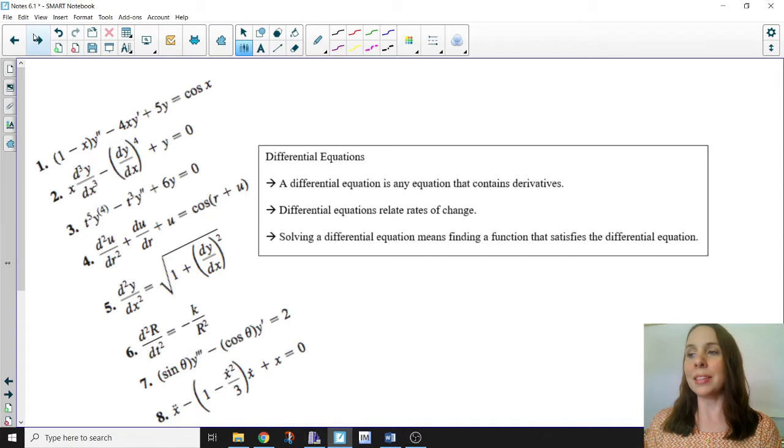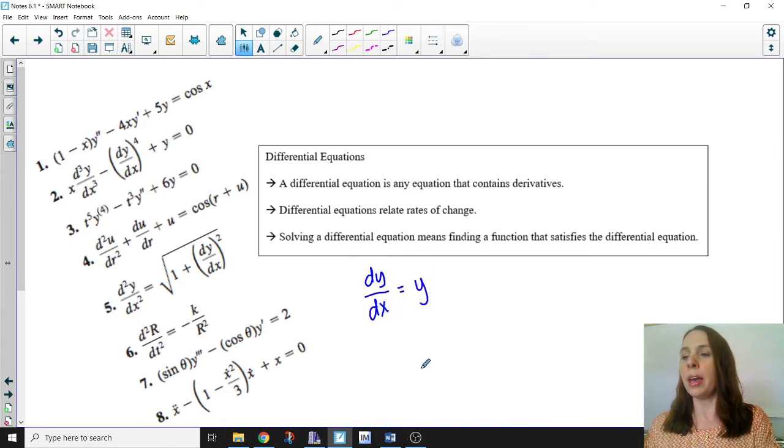Now, that last line doesn't tell you a whole lot about how to solve them, right? But I want you to think about an example like this. Okay, if I tell you that the derivative of y with respect to x is equal to y, that's a common differential equation, and I tell you to solve it.